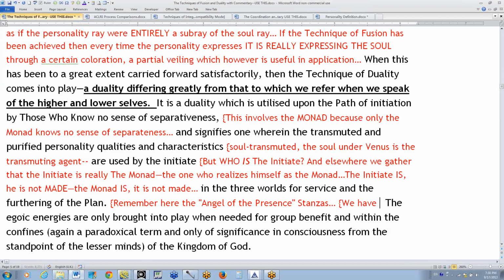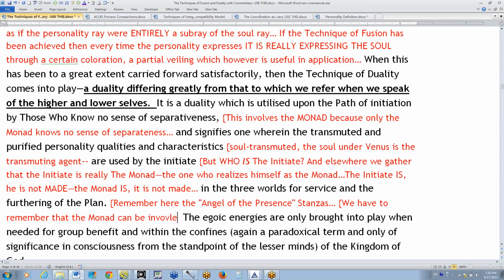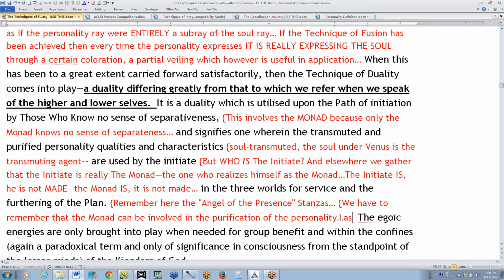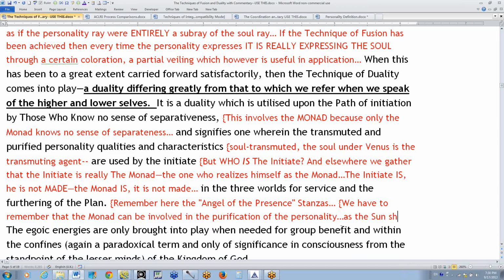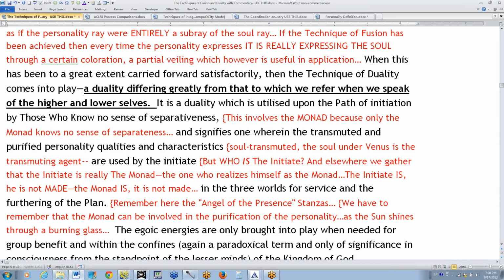We have to remember that the monad can be involved in the purification of the personality as the sun shines through a magnifying glass. So this is what is being said of the technique of duality. It's applied upon the path of initiation.